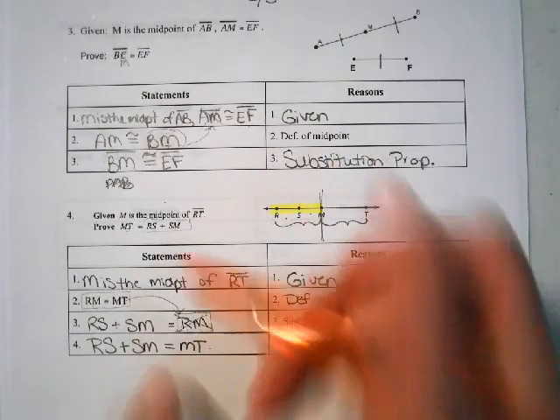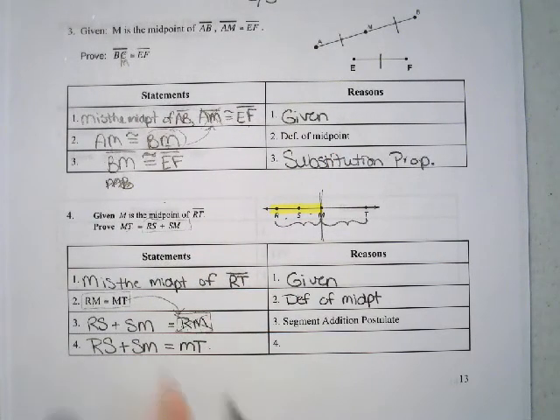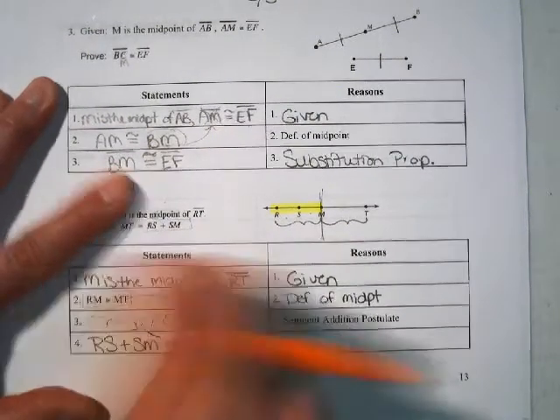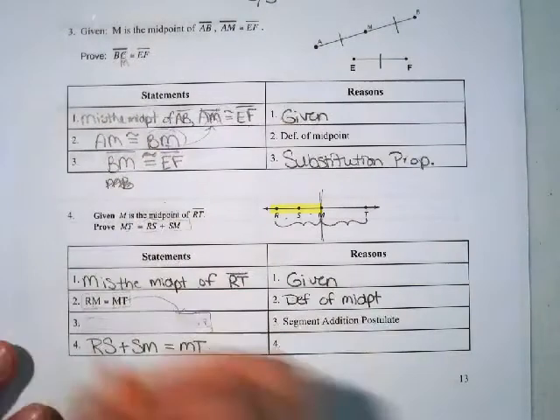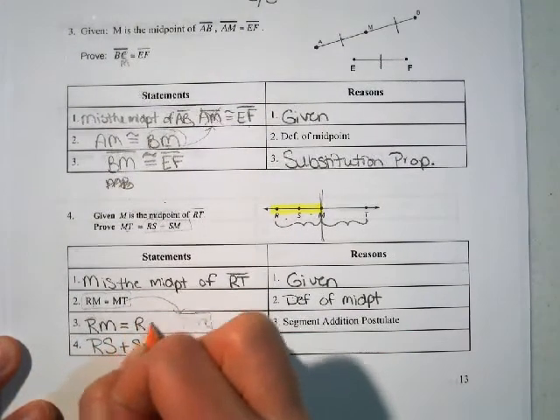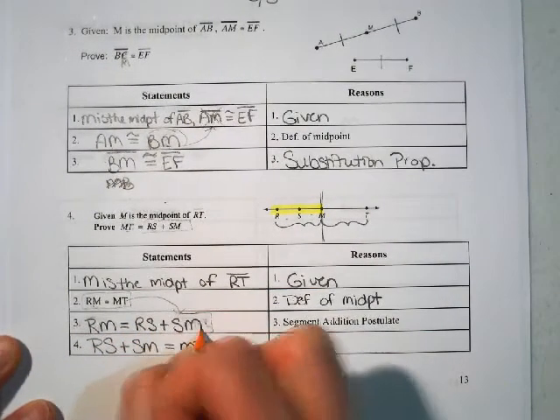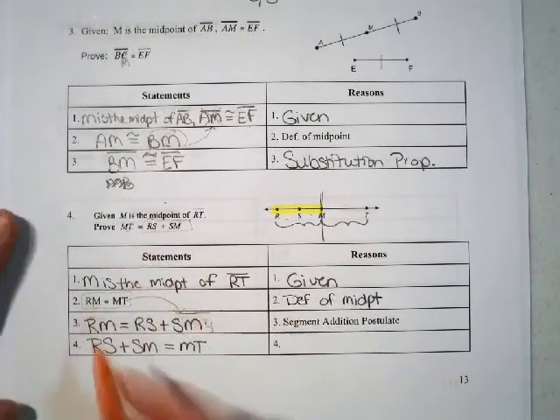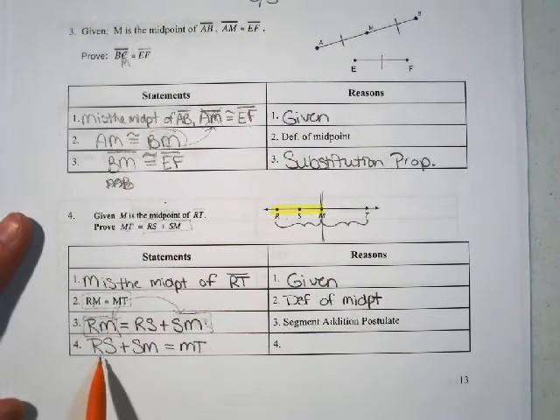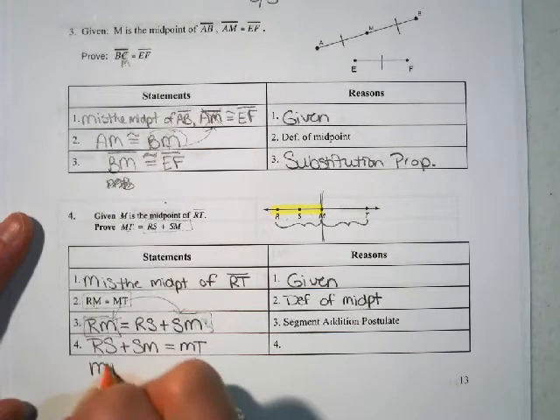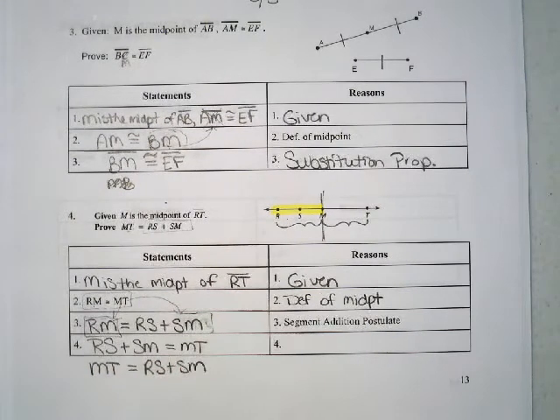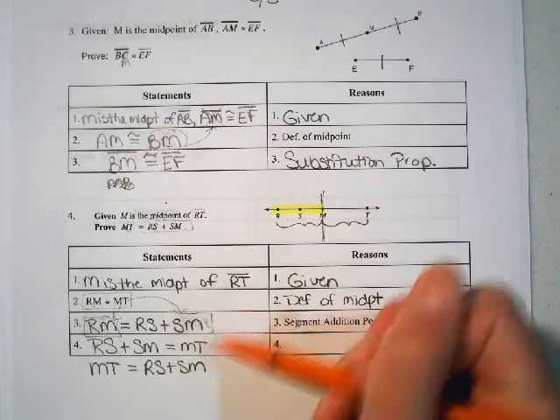Now, you could either write it like this with the RS and SM on the other side and then just put MT here. These two are the same. Or again, if you wanted to, we could reverse this statement and just put RM on this side and that equals RS plus SM, so that now when we replace this piece with the MT, it's right where we wanted it.